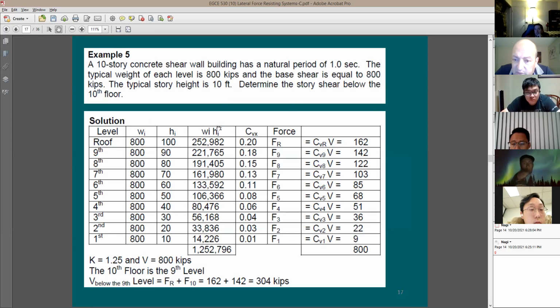If your k is equal to 1, I should expect the distribution to be similar to this triangular distribution. I'm going to put it right here, if this makes sense to you guys. So let's say here's the building.